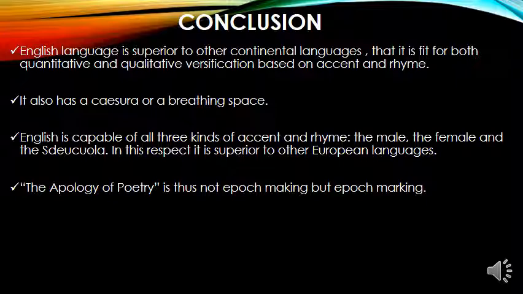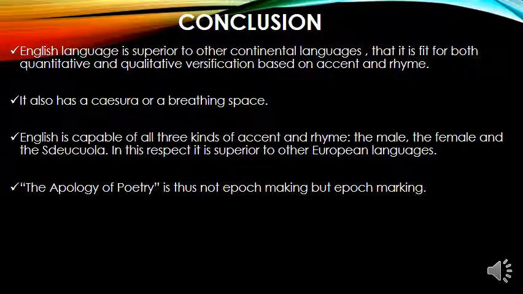So, the last point is actually the evaluation of Sidney's essay, wherein we can understand that the essay does not create an epoch in the history of criticism, but it marks a certain benchmark, or it marks a certain point in the history of criticism where, for the first time, like Aristotle, someone stands up for poetry, defends poetry, and Sidney takes one step forward to defend poetry and to highlight the importance of the English language, which Aristotle did not do.